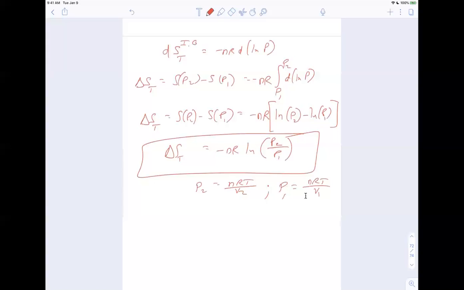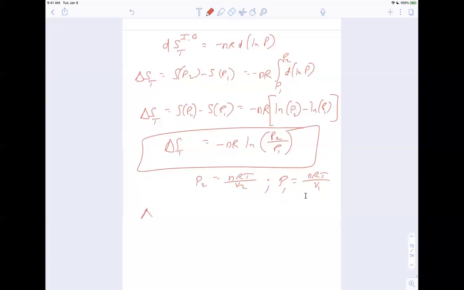So we can stick those relationships into this P2 over P1 ratio. So delta S at constant temperature is equal to minus nR natural log of P2, which is nRT over V2, and P1, which is in the denominator, is nRT, and the V1 comes on top.